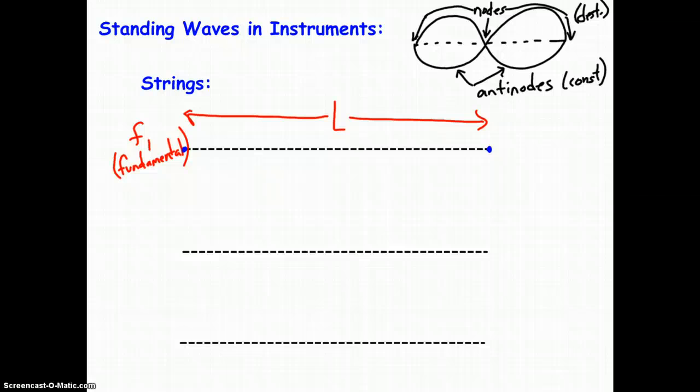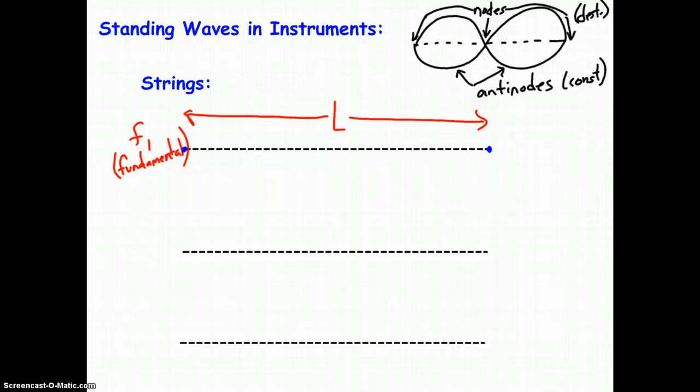So, what's the smallest part of the standing wave you see drawn at the top that will fit in this length L, that will meet the requirements to have a node at both ends? I'll say that again. What's the smallest part of a standing wave that can fit in this length L and have a node at both ends?